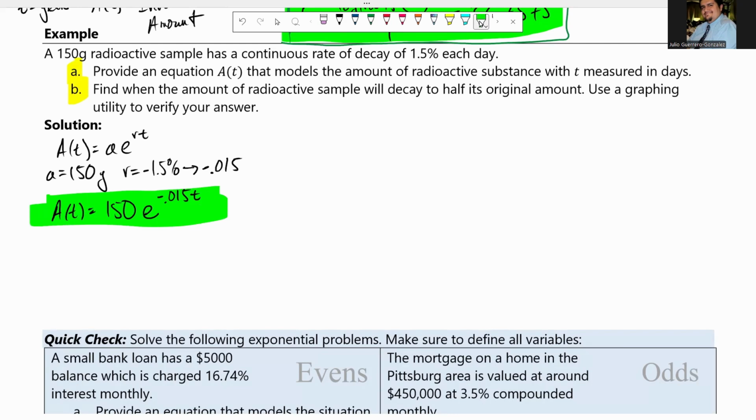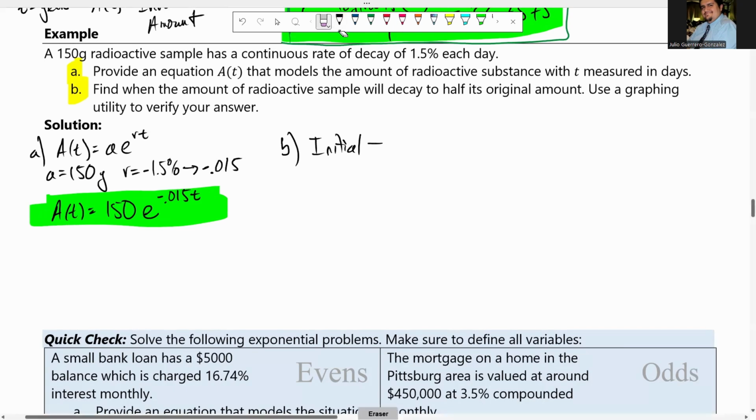That was it for part A. We did part A. Okay. Part B is asking us to find when it will decay to half its original amount, right? So initial, just so we can get our thoughts right.